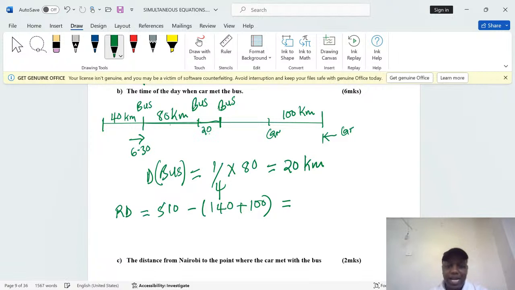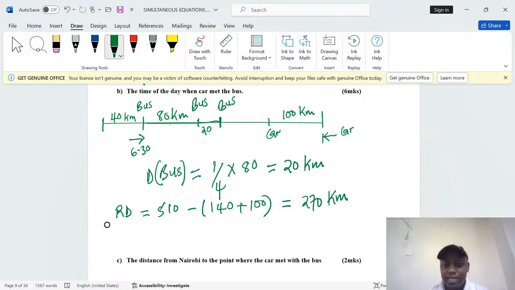Therefore, at the time the car finished handling the puncture, we take 510 and we subtract 240. This is going to be 270. So there is a distance of 270 between the two. The bus has covered a lot of distance. The car has narrowed only 100.